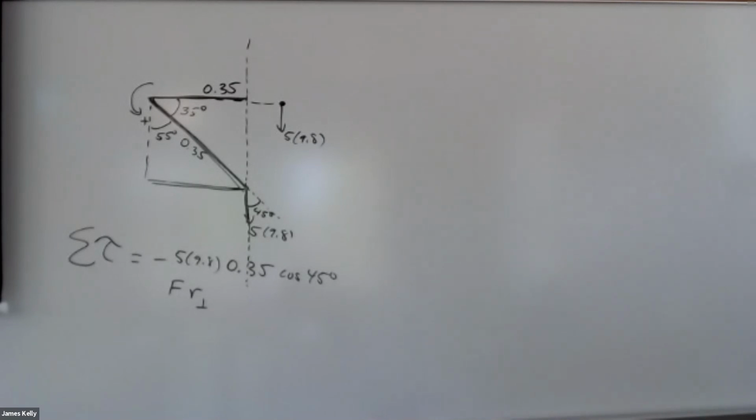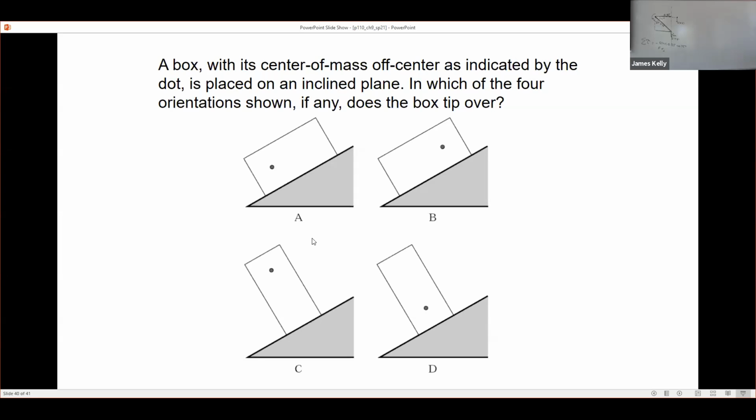Okay. As I said, I have a voting question here, which has to do with center of mass, which we haven't thought much about, but which comes into some of the homework problems I wanted to discuss. Here's a box. It's a rectangular cross section, and the center of mass might be in various locations, and the box is in a couple of different orientations.